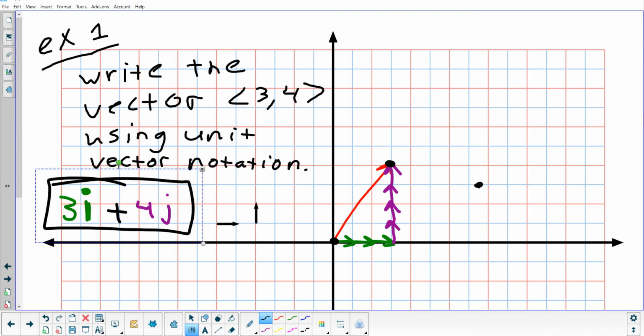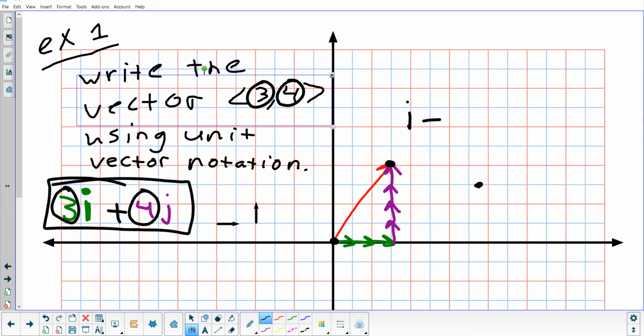We'll practice doing each notation a little bit, but this number is always this number, and that number is always that number. The only time you can run into a little bit of a problem is if you write something like i minus j. You have to understand that there's 2 numbers there, but they're invisible. So if you were going to rewrite that, that's 1 comma negative 1, even though you don't have a 1 and a negative 1 there.